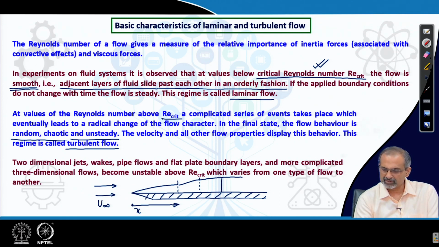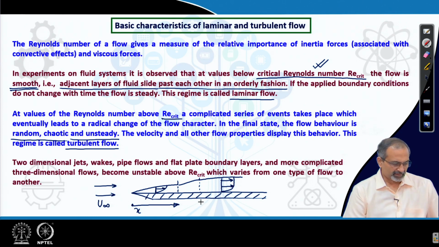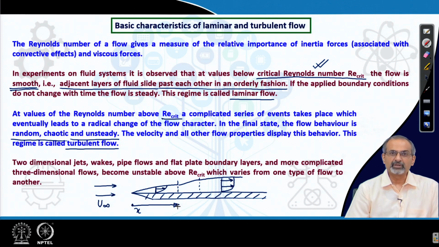And if you notice the boundary layer patterns starting from the laminar regime to the turbulent regime, you will find one very significant difference between the two, that is the gradient of the velocity within a laminar boundary layer is much shallower compared to what it is in a turbulent flow.